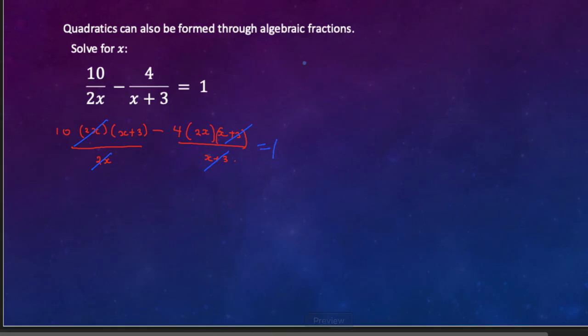I'll change the color. Blue doesn't match with the background, so I'll use green now. So now what we have is 10 and x plus 3. Expanding that bracket will give us 10x plus 30, and minus 8x. You can see that at the top we have 8x.